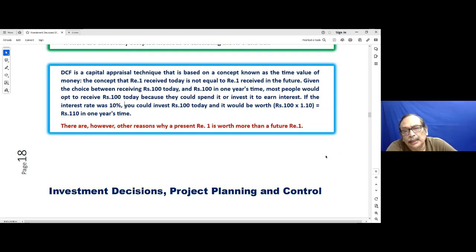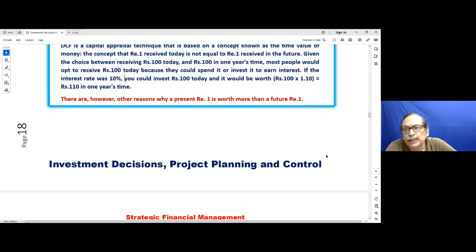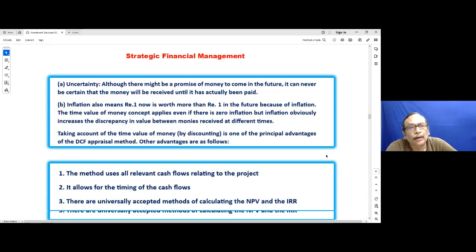There are, however, other reasons why a present rupee 1 is more than a future rupee 1. Now we are coming to the concept of uncertainty. Although there might be a promise of money to come in the future, it can never be certain that the money will be received until it has actually been paid.